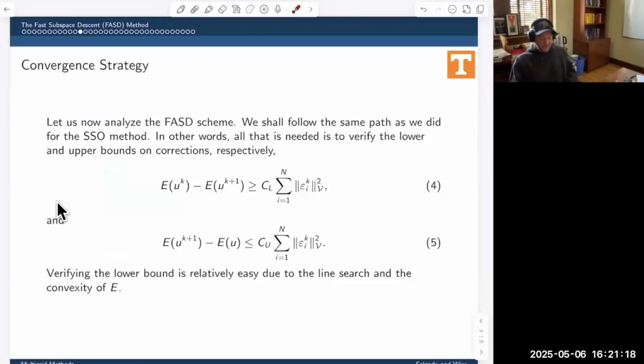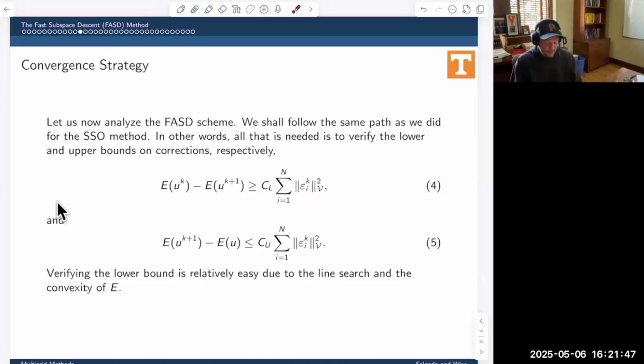All right, now the convergence strategy is exactly like we employed for the SSO method. What we try to do is we come up with a lower bound on corrections of this form, 4, and an upper bound on corrections of this form, 5. So the corrections that I'm referring to are these epsilon IKs, epsilon IK.